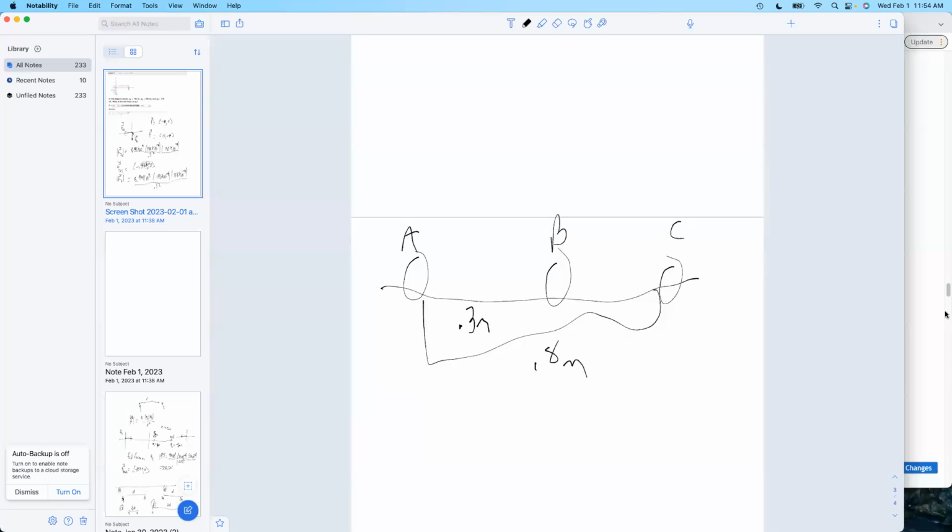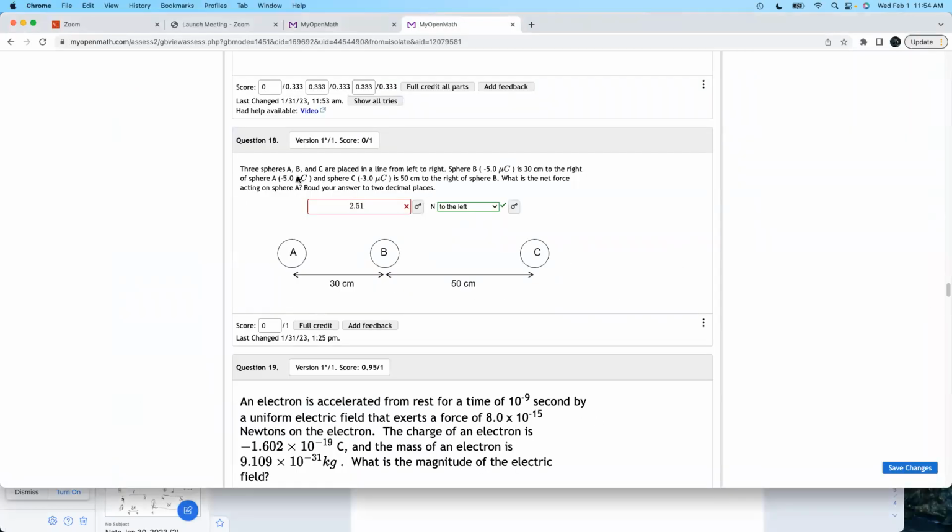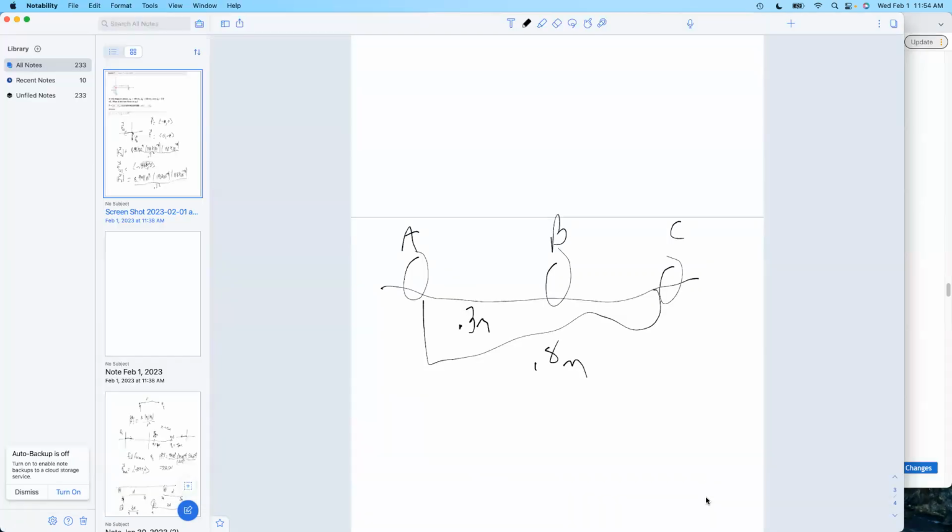Okay, so let's write down their charges. They're all three negative, 5, 5, and 3. So this guy was -5 microcoulombs, another -5, and -3. Is that correct? Yes. Okay, so F, B on A is going to point backwards because these two try to run from each other.